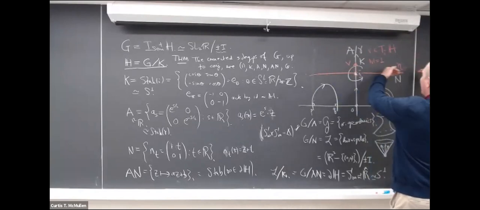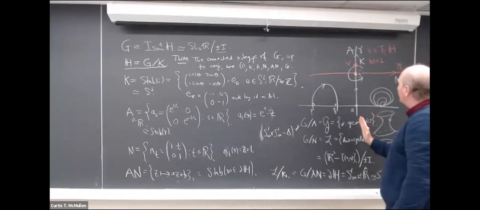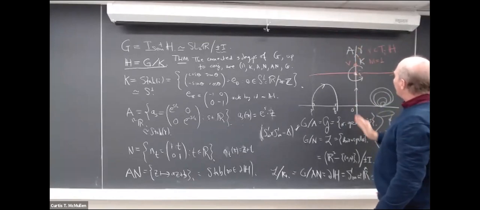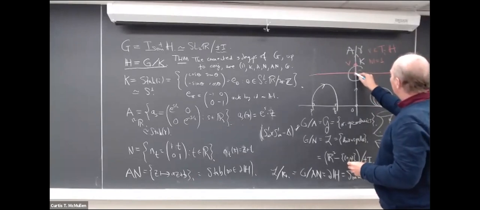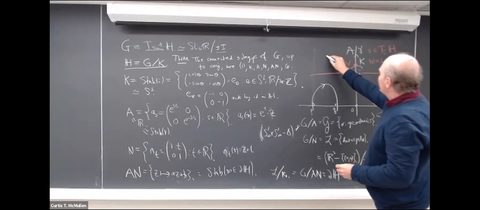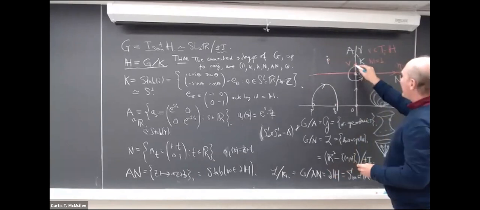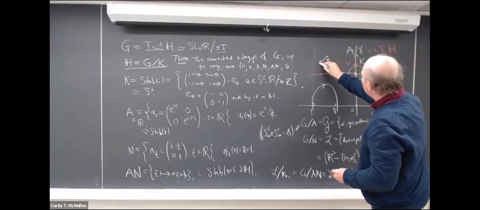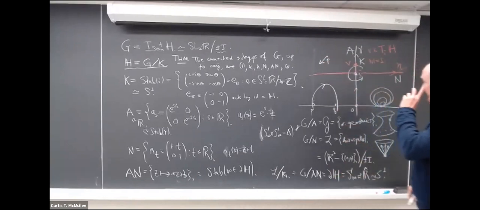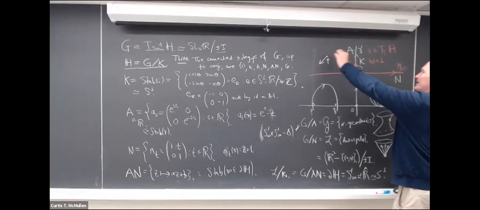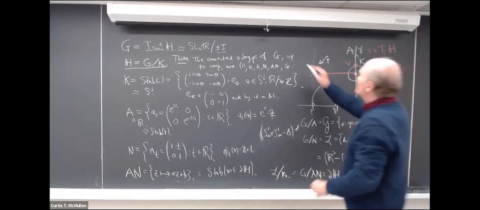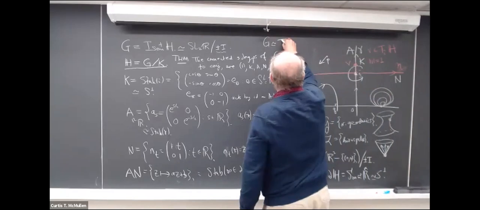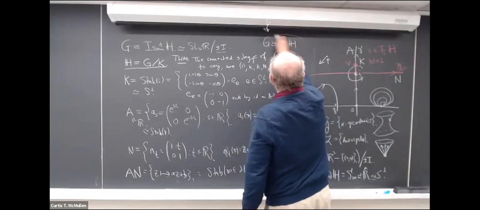When you apply N, you slide it back and forth along this horocycle. And when you apply A, you move it back and forth along this geodesic. And of course, by isometry, you can move the I to any other point in the upper half plane. And then afterwards or before, you can rotate so that this vector goes to any other unit vector. And once you know where this point and this vector go, you know the isometry completely. So G itself is isomorphic to the unit tangent bundle to the upper half plane.